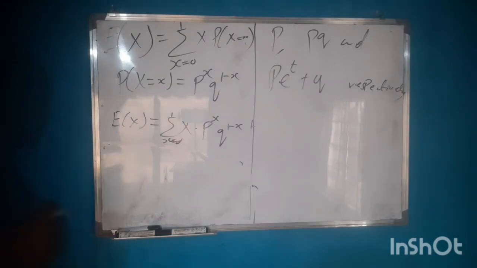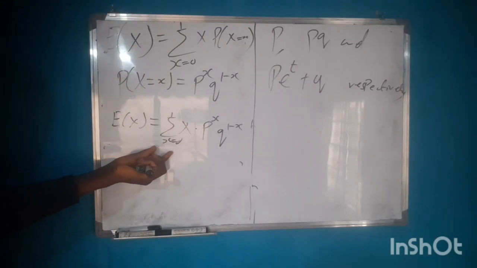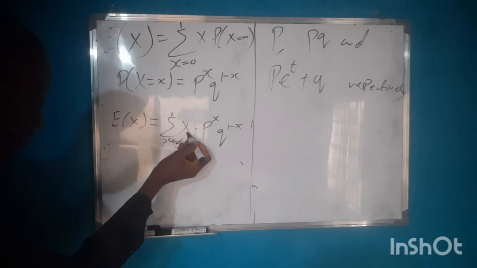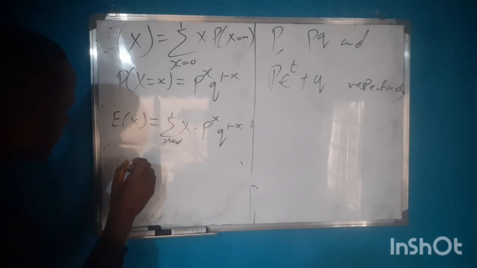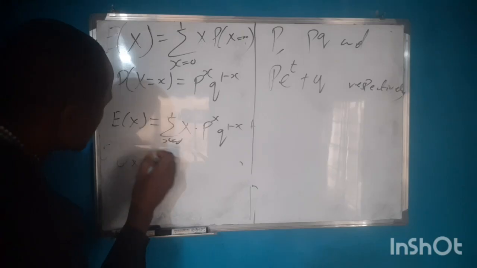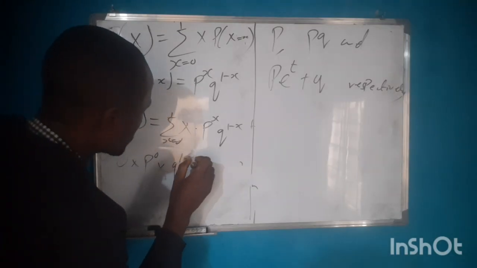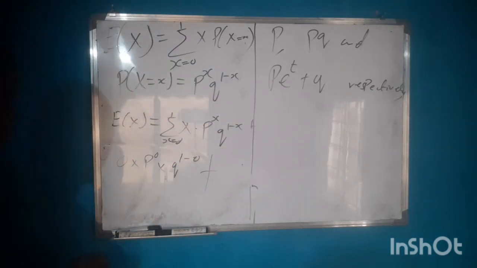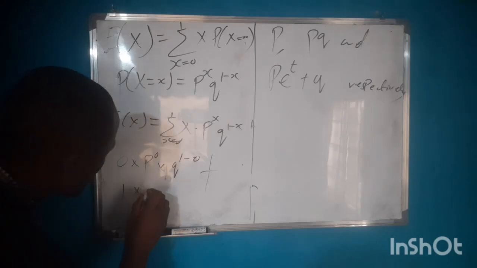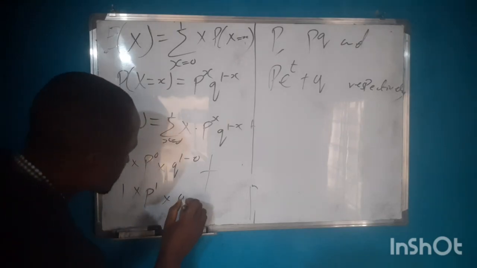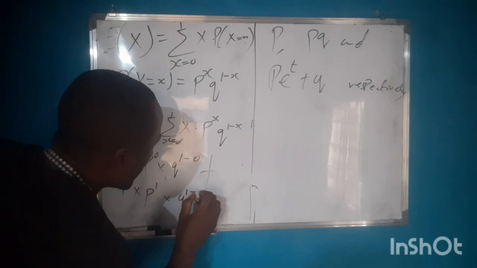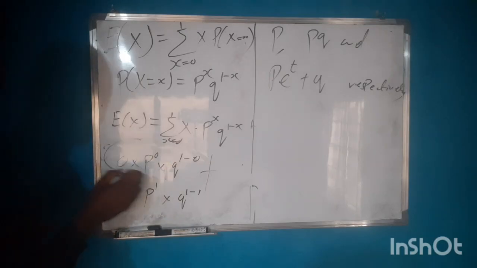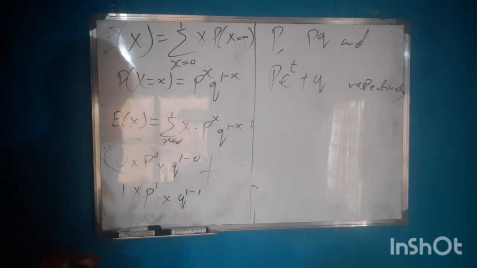If you substitute the values of x, when x is equal to 0, you have 0 multiplied by P to the power 0 multiplied by Q to the power 1 minus 0, plus, when x is equal to 1, you have 1 multiplied by P to the power 1 multiplied by Q to the power 1 minus 1. The first term is equal to 0, because 0 multiplied by anything is 0.